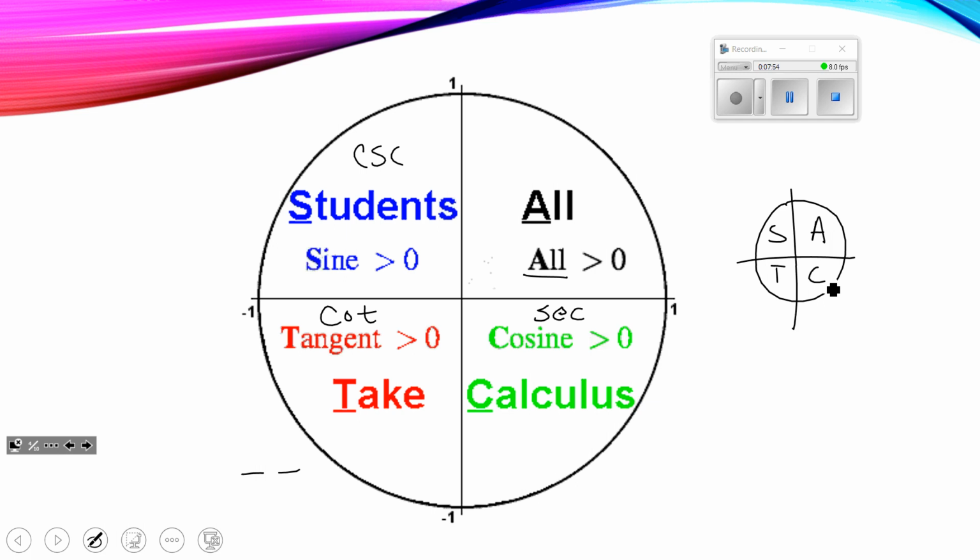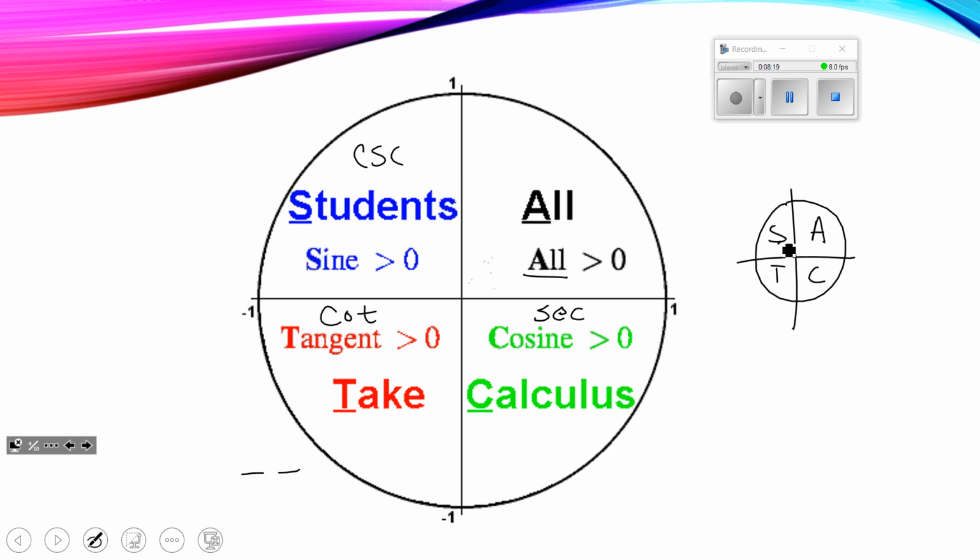These are the ones that are positive. Does that make sense? But you've got to include their reciprocals. So when it's sine in quadrant 2, you've got to say cosecant is also positive. Tangent and cotangent in quadrant 3, and then cosine and secant in quadrant 4. So just an easy way for you to remember it.